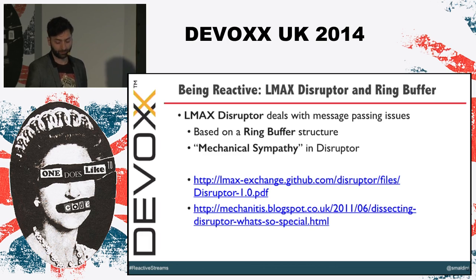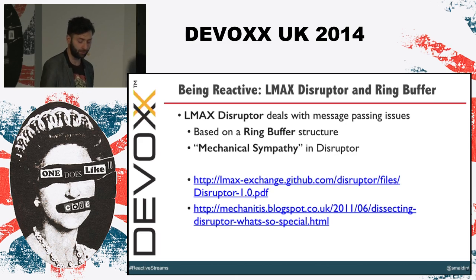So, well, I'm quite a fan of the LMAX Disruptor implementation. If you look at the link, it's 2011, so it's still in use and it's still evolving. We are now in 3.2.1. And I think it's quite interesting to look and see how they did achieve this kind of lock-free structure.